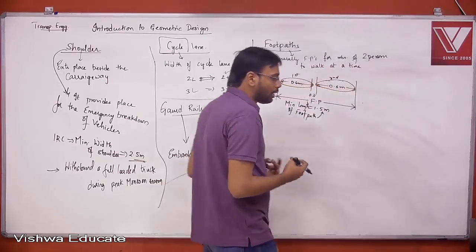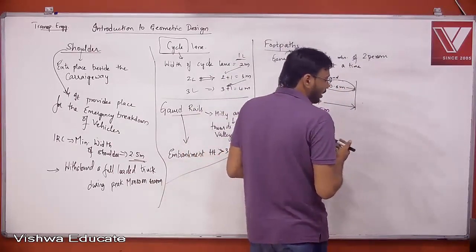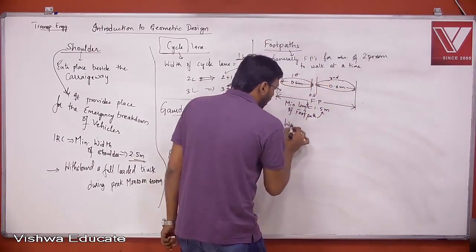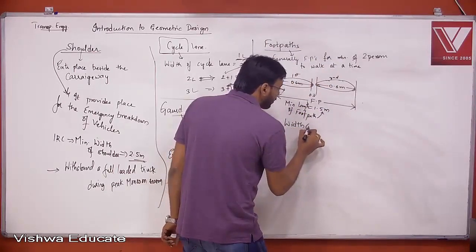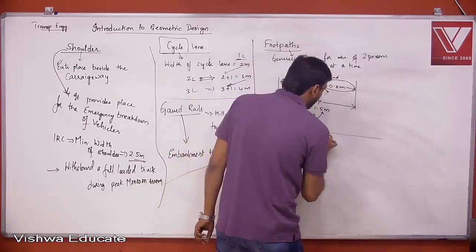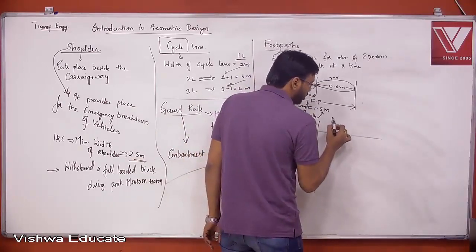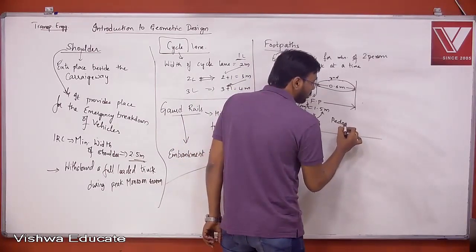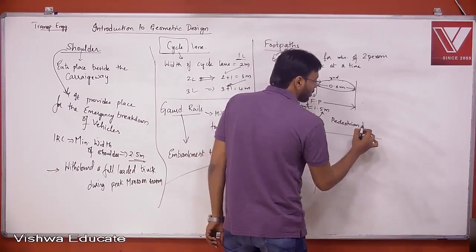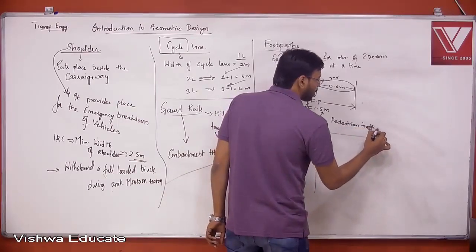So the IRC has given a table for fixing the width of the footpath. It has pedestrian traffic instead of vehicular traffic, because pedestrians are meant for footpaths.